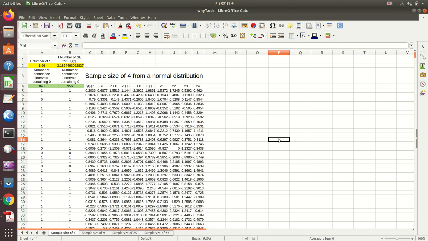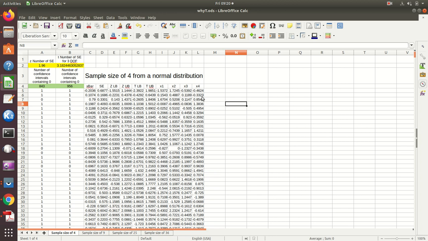Okay, so let's look at our actual simulations here. Let's talk about what I did for the simulation. As you look at this, what I did was I just generated normal distribution numbers.